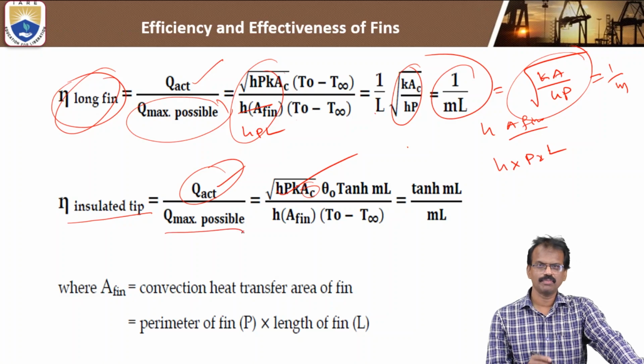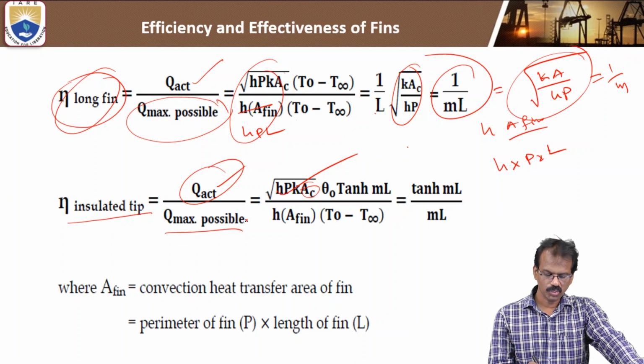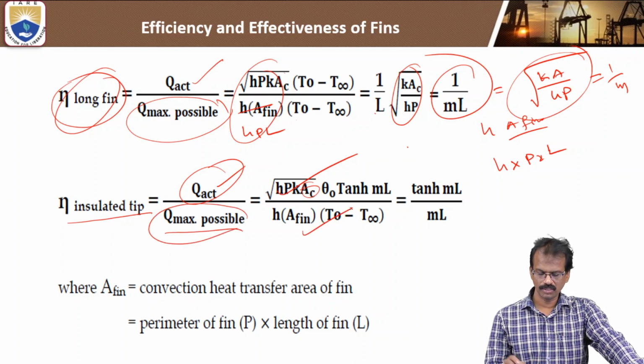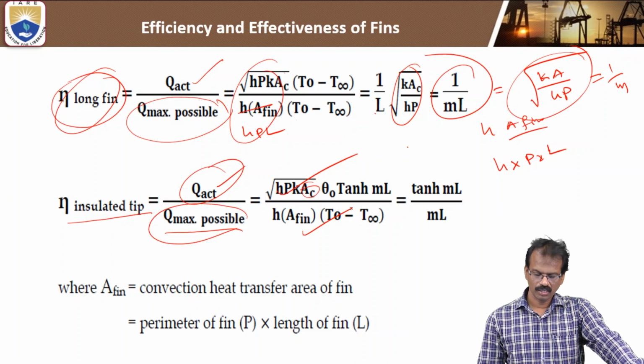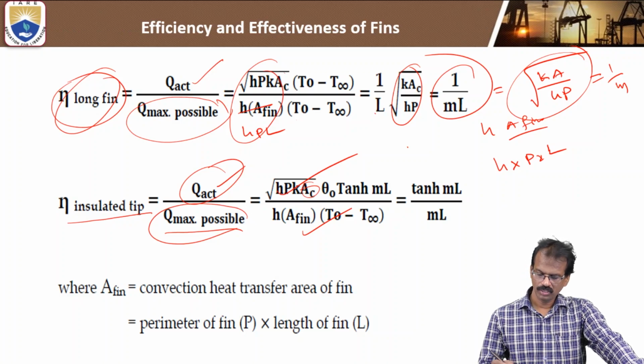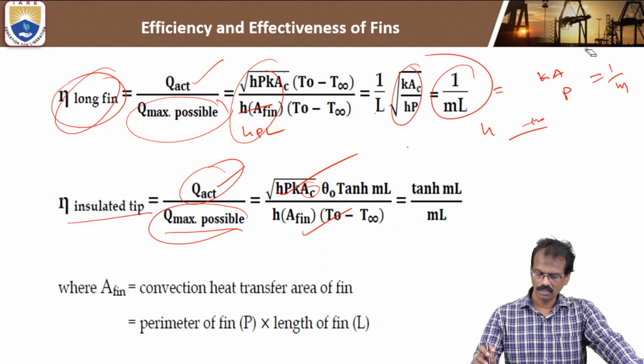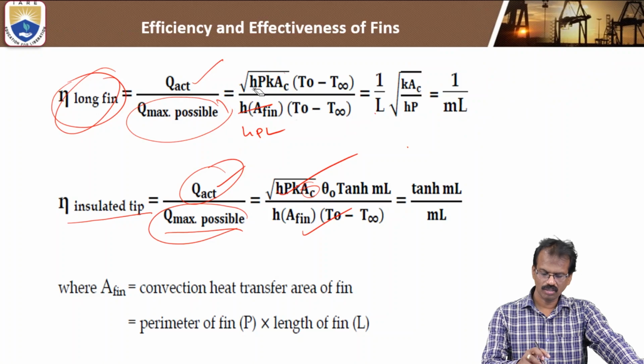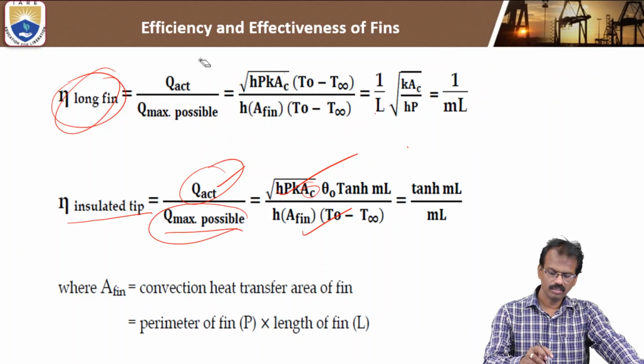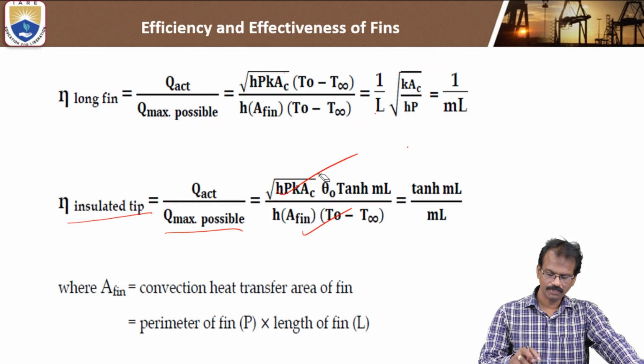Then Q maximum, it means the maximum possible heat transfer. That occurs by convection, according to Newton's cooling law, HA into temperature difference. The temperature difference is T naught minus T infinity, the ambient temperature.